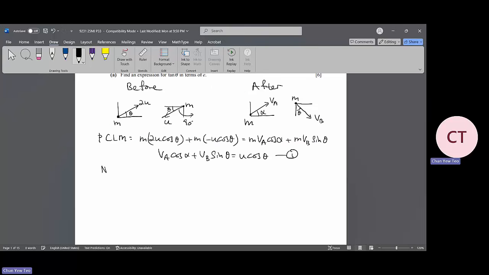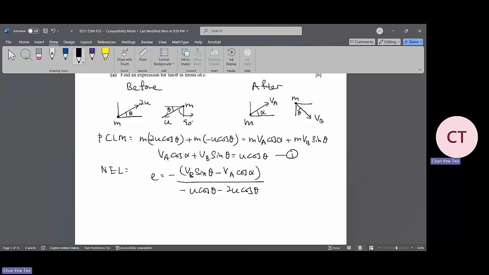After that, we apply Newton's experimental law. We have e equal to the negative of VB sin theta minus VA cos alpha, divided by negative u cos theta minus 2u cos theta.